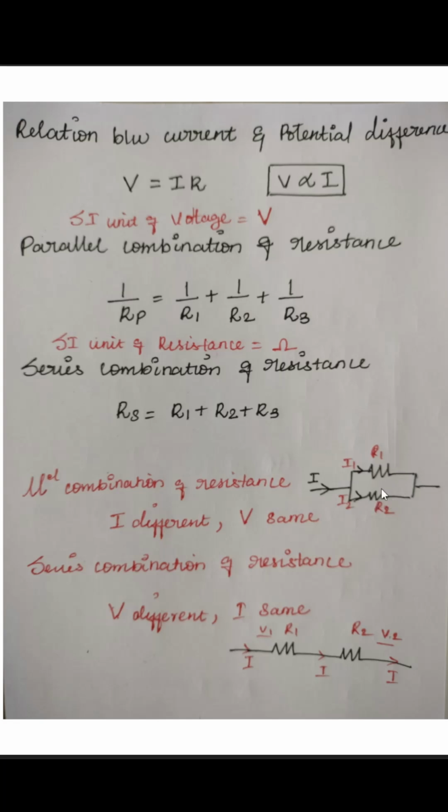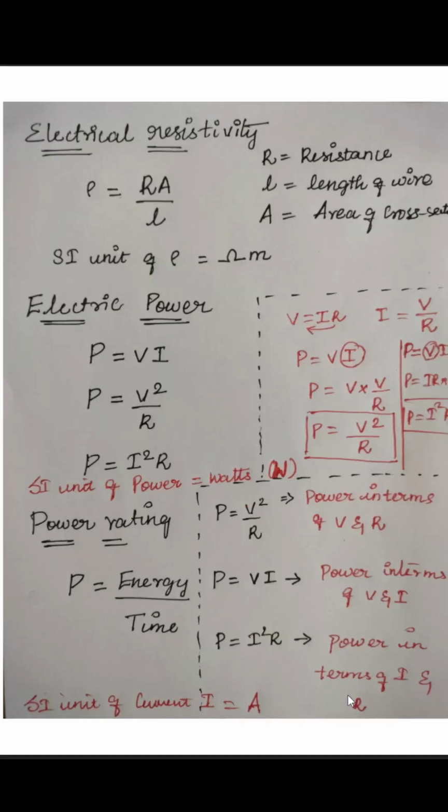So current will be different in parallel, but the potential difference for each resistance will be the same. When connected in series, current will be the same throughout the circuit, but the potential difference will change for each resistance. Parallel: current different, voltage same. Series: potential difference different and current same.